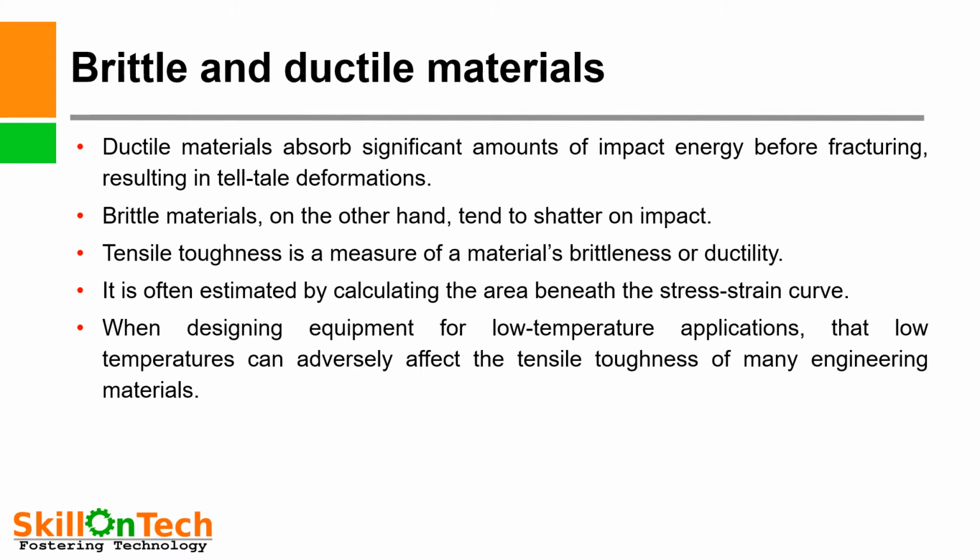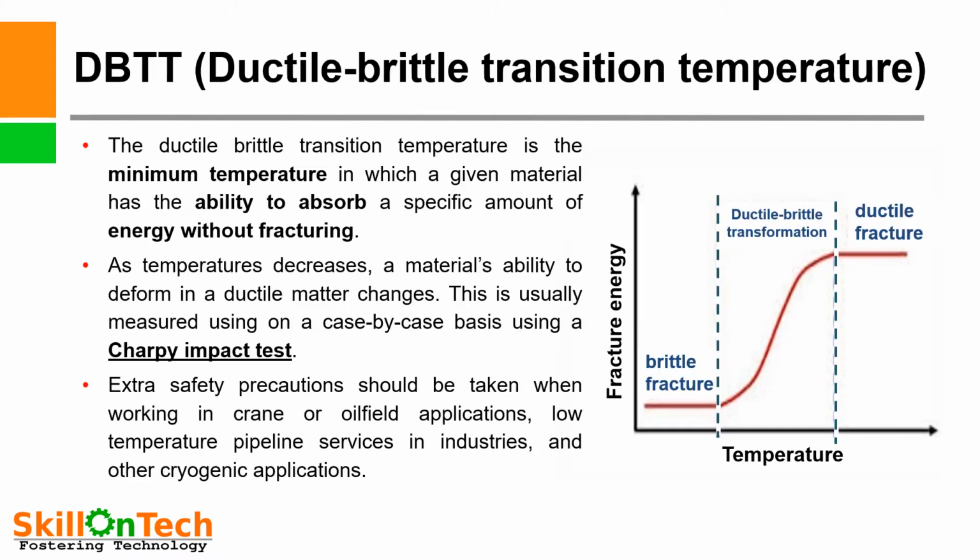When designing equipment for low temperature applications, low temperatures can adversely affect the tensile toughness of many engineering materials. Therefore, while going for a cryogenic service, we must use ductile materials.